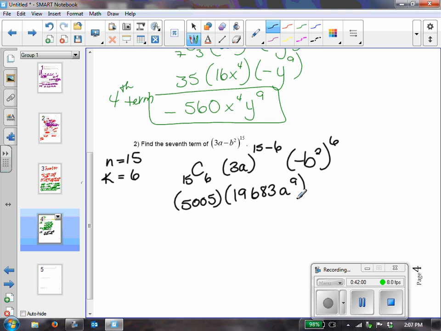Now, when I take -1 to the exponent 6, am I getting an odd or even? Positive, because it's an even exponent. So this is going to be b to the exponent 12.